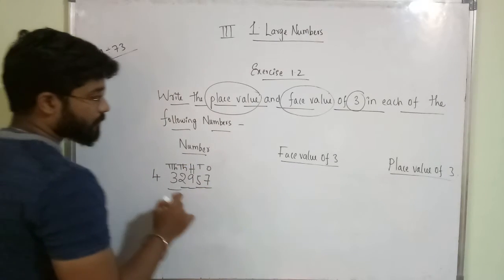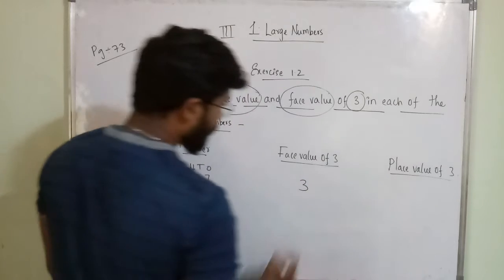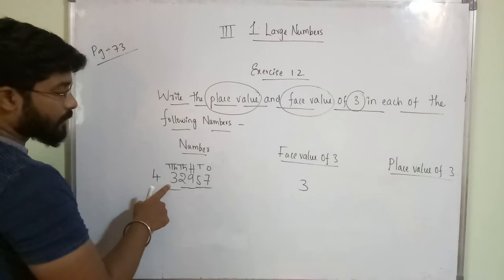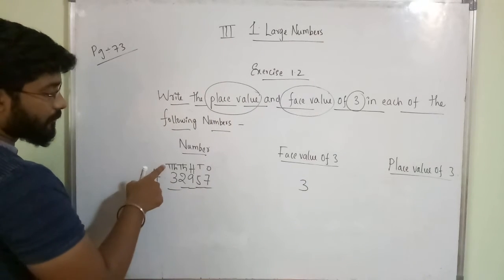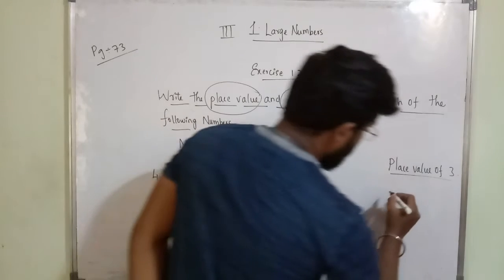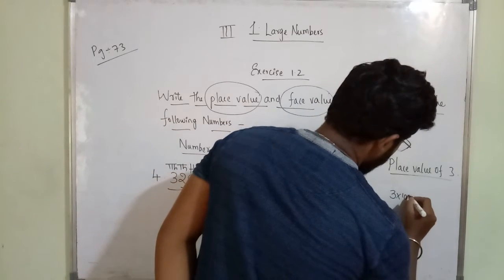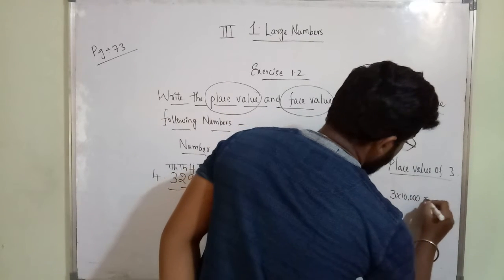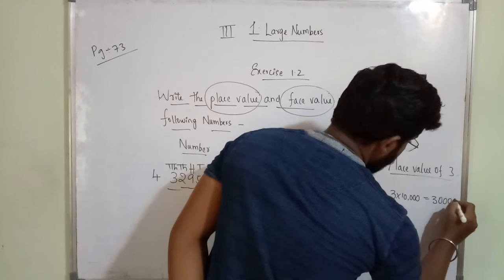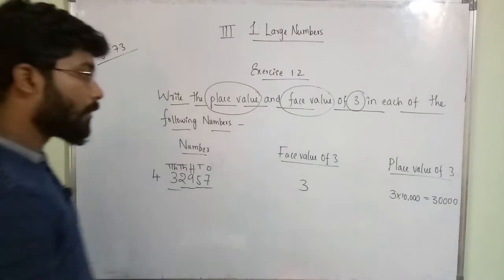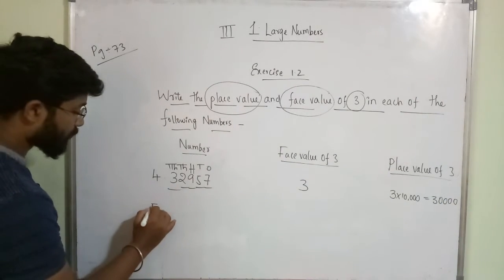So what is the face value? 3. Okay, what is the place value? 3 is in which place? 10,000s place. So 3 into 10,000 equals 30,000 is the place value. Next number.